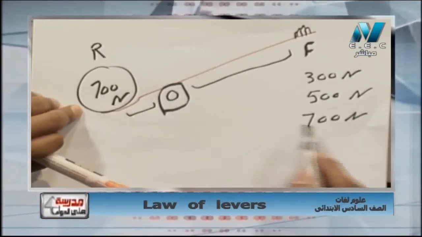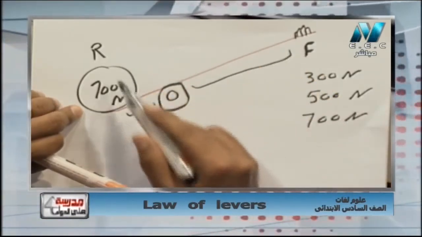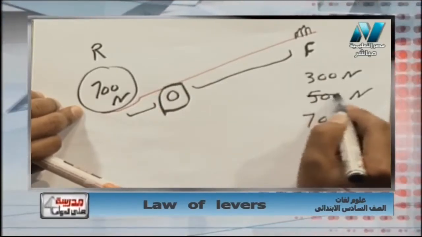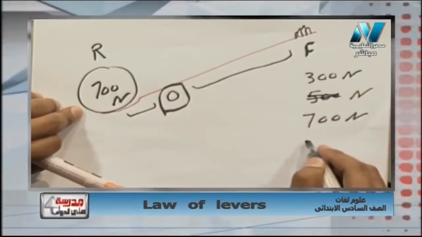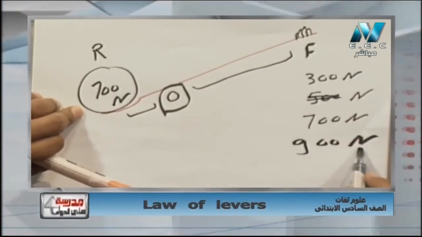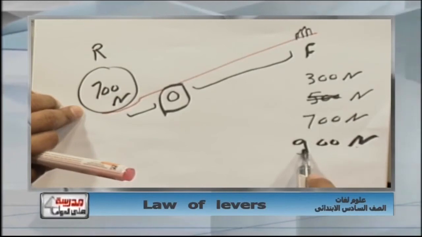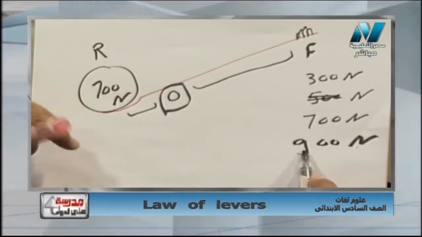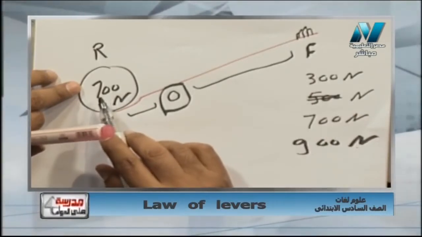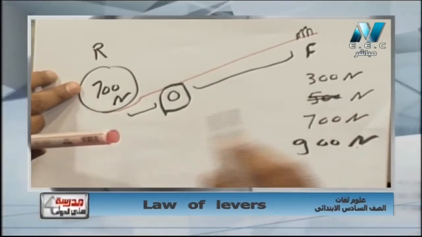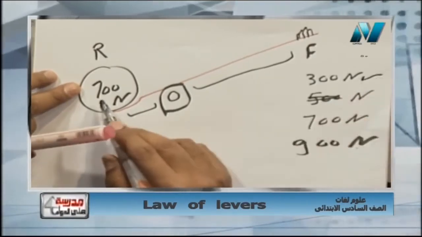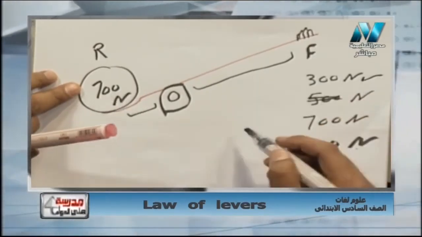If I say 700 Newton, it doesn't conserve effort. If I say 900 Newton, no, it uses a larger amount of effort force to move this smaller resistance. But if I use 300 Newton to move 700 Newton, it conserves effort.